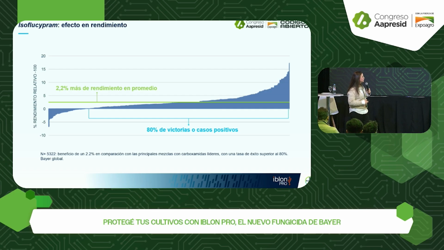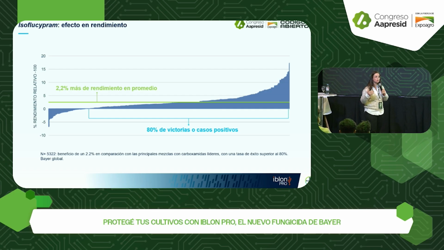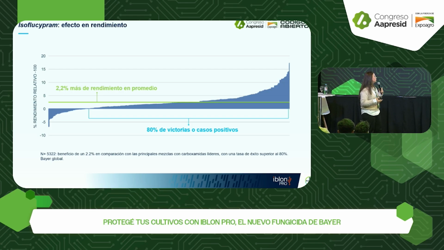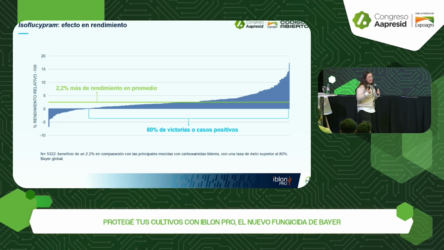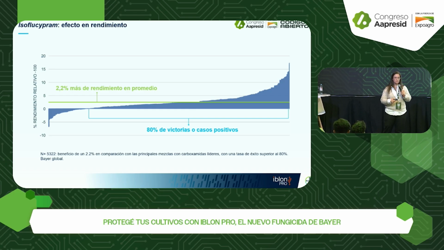But I've brought this because we are talking about 5,322 ends or comparison points where we were able to detect the impact of isoflucipram on yield as compared to leading products with carboxamides.